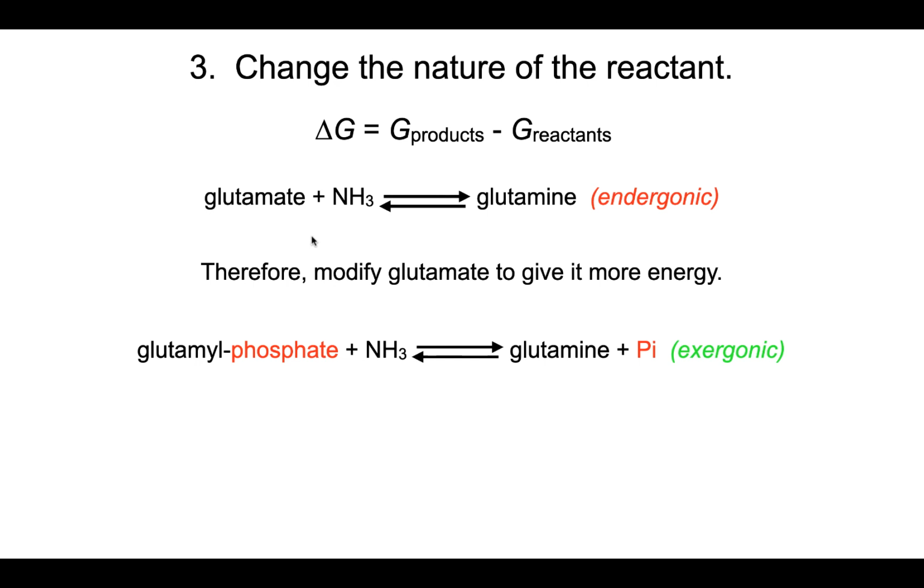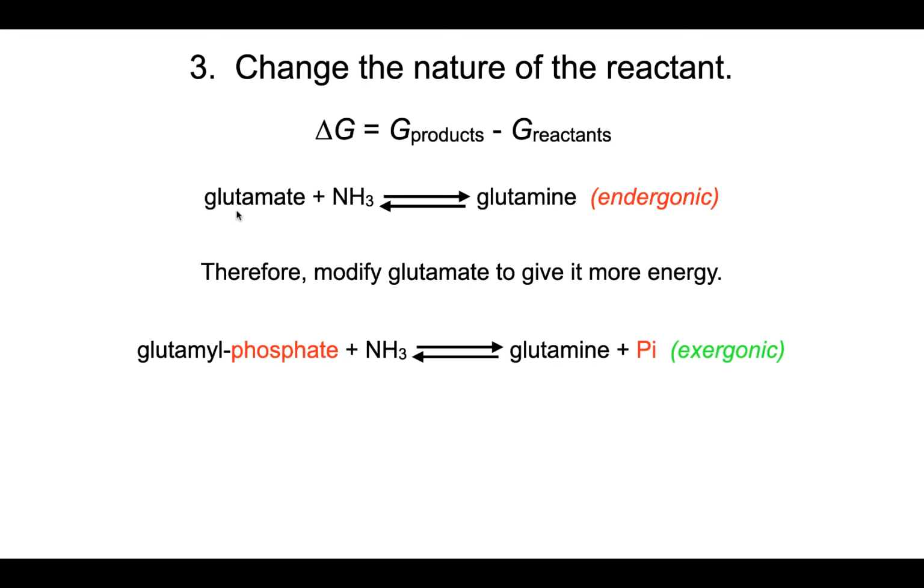Which means as long as the energy of the reactants is greater than the energy of the products, we'll have a negative delta G, and that reaction will be exergonic and run in the forward direction as written. So what that means is sometimes we have a reaction.